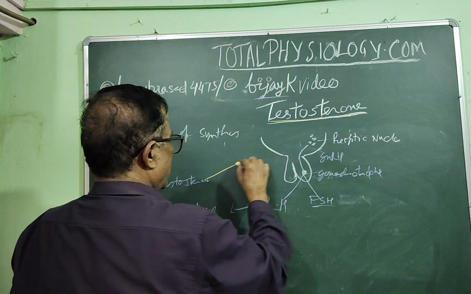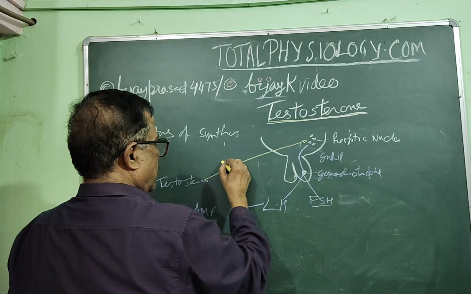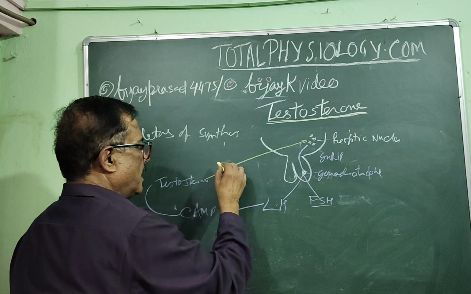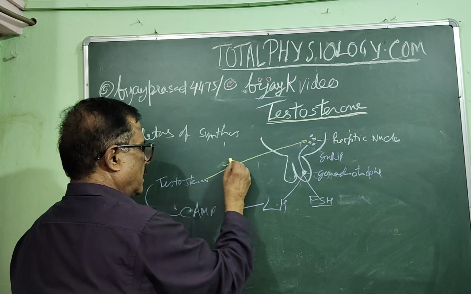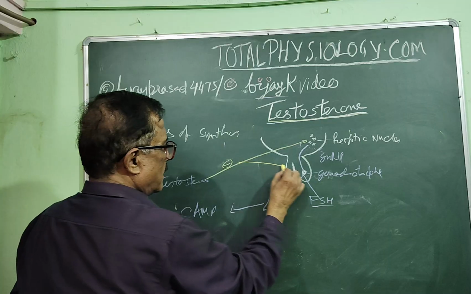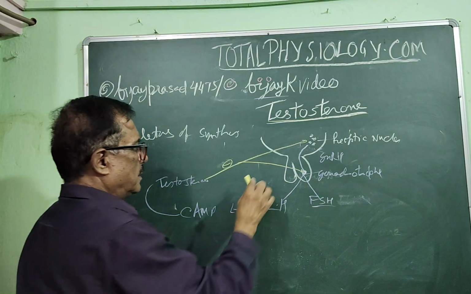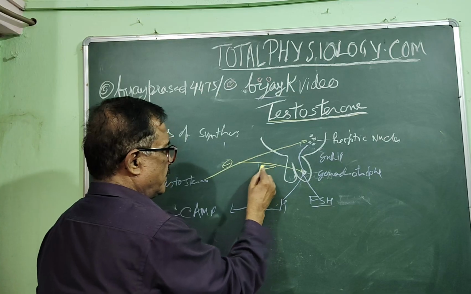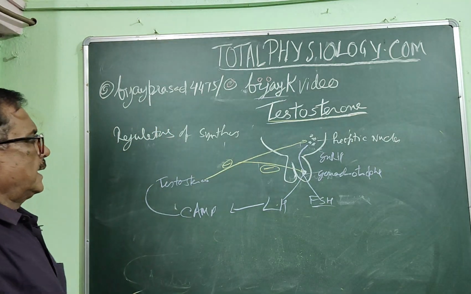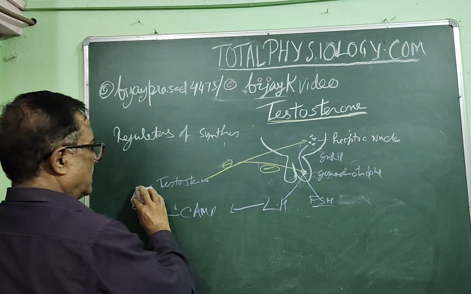It inhibits formation of GnRH, gonadotropin releasing hormone, and also LH formation. This is the negative feedback mechanism. In this way, synthesis is controlled.